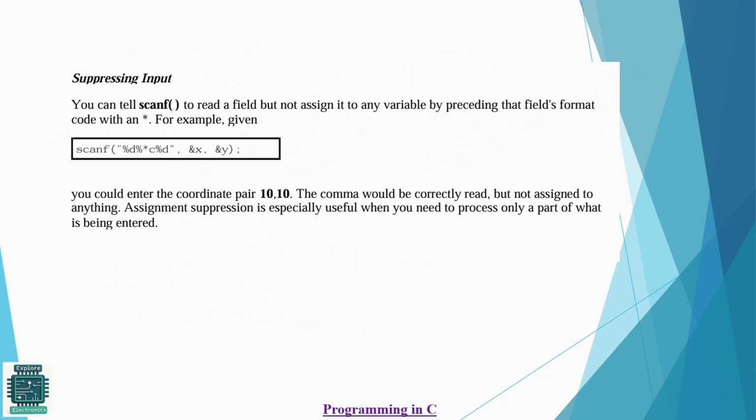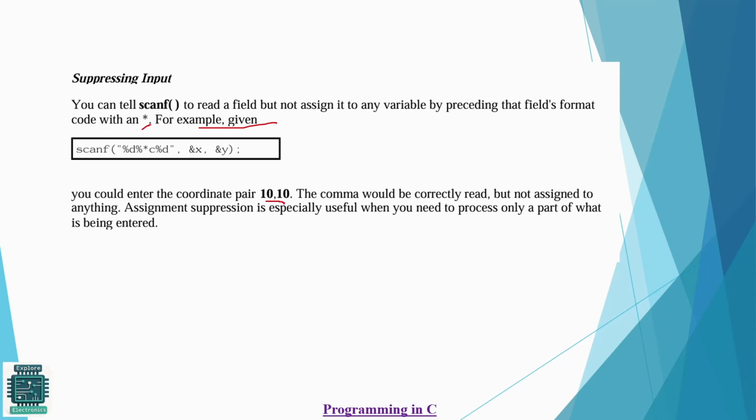Next is suppressing input, and this is the last concept. Here, you can tell scanf to read a field but not assign it to any variable by preceding that field's format code with an asterisk. Sorry, an asterisk. For example, here it is given %d%*c%d. Here you could enter the coordinate pair 10,10.